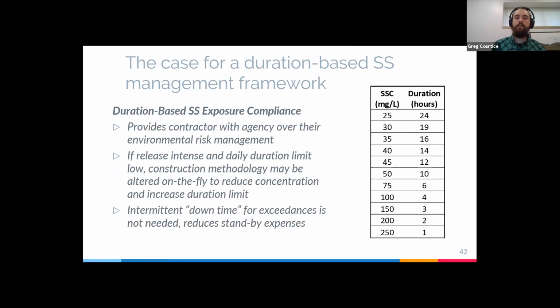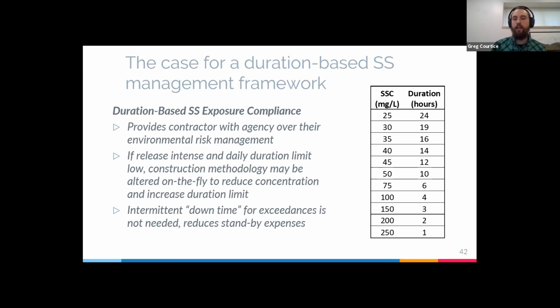And so what this does is it provides a lot of agency to the contractor to manage their own environmental risk. If they run into a situation where they hit an area that's full of silt, they can decide to keep going with a high concentration being released and only work for a few hours. Say it's a short section, and getting through it would only take 15 minutes if they just push through.